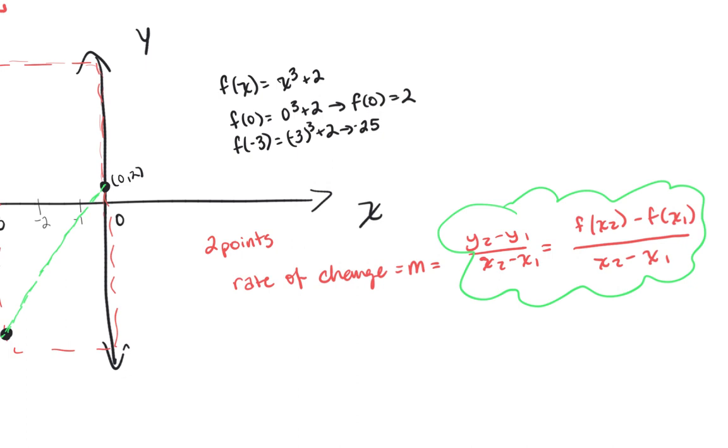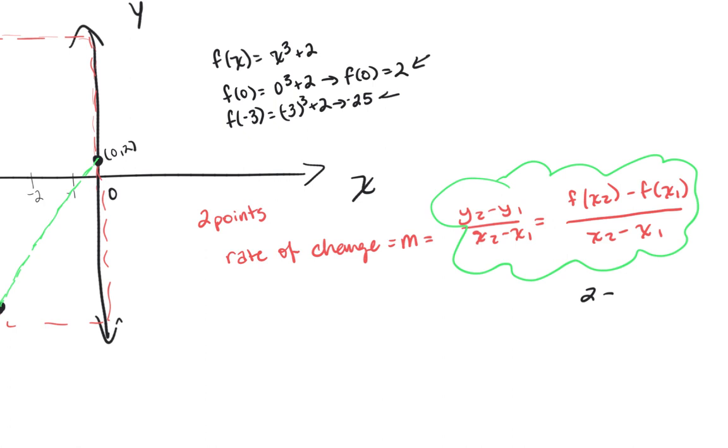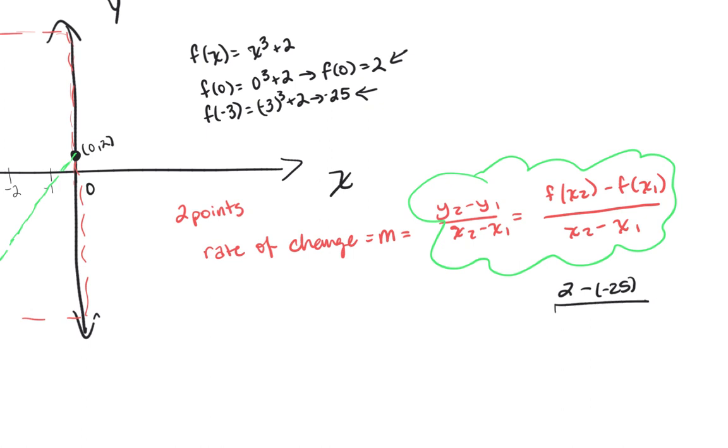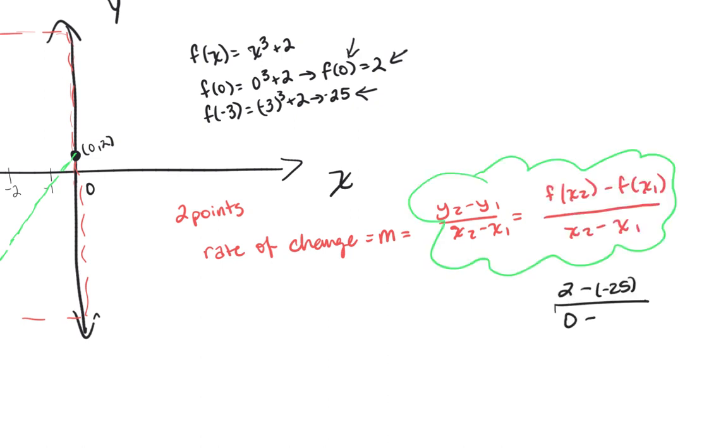So let's plug in what we know. We know that f of x2 was 2 minus, we know our f of x1 was -25, over, we know our x2 was our 0 minus our x1 was our negative 3.